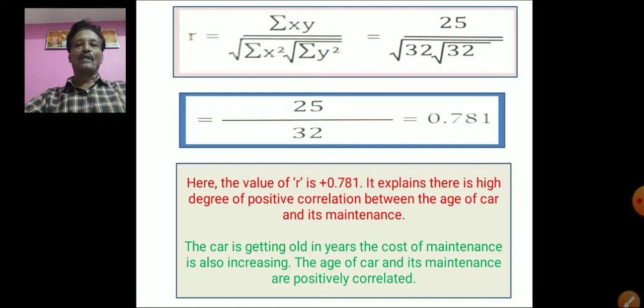So in the numerator we are having 25 and in the denominator we are having under root 32 into 32. If the two values under the root are the same, you can take that particular value as the result of removing the root. That means under root of 32 into 32 is equal to 32 after removing the root, right?